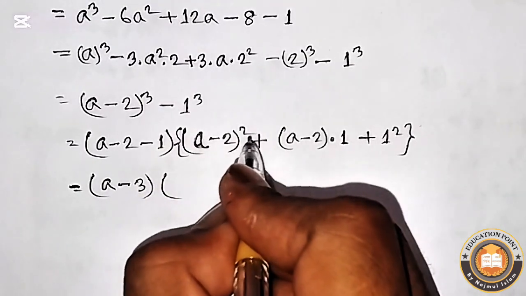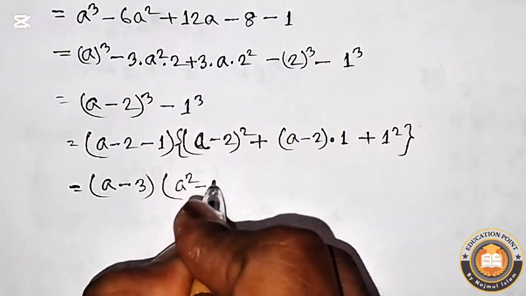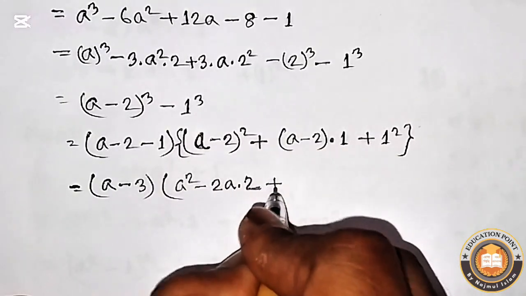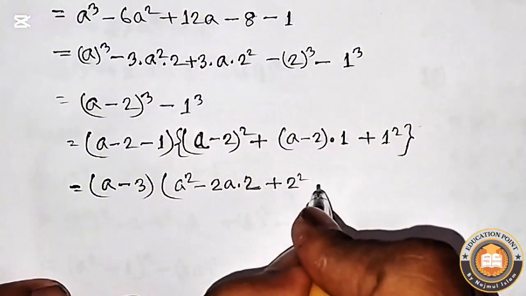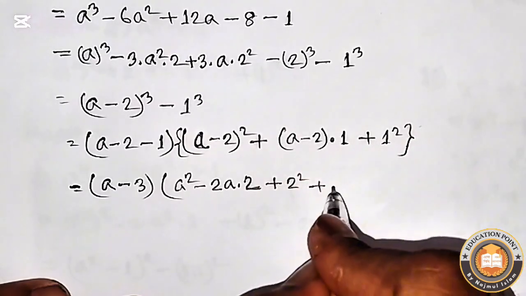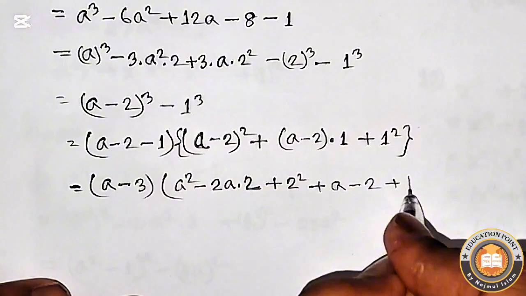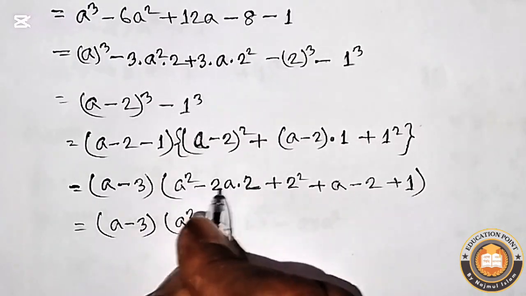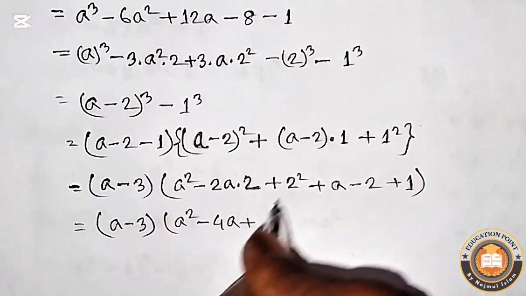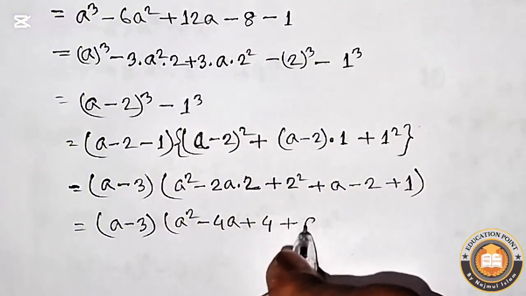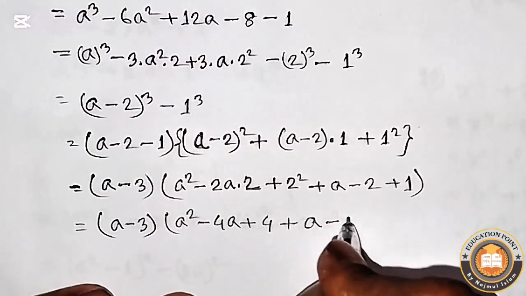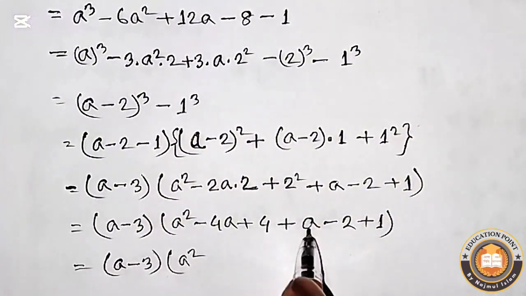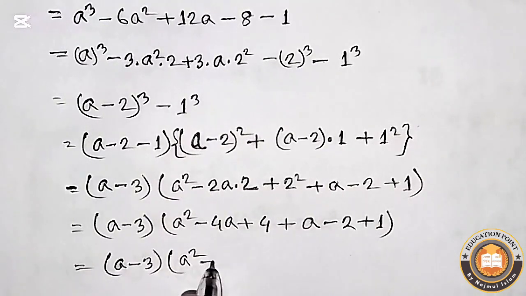Here we will apply the formula of a minus b whole square, that means a square minus 2ab plus b square means 2 square, plus 1 multiplied with a minus 2 equals a minus 2, plus the square value of 1 is 1. a minus 3 into a square minus 4a plus the square value of 2 is 4, plus a minus 2 plus 1, equals a minus 3 into a square, adding the values of minus 4a and plus a equals minus 3a.